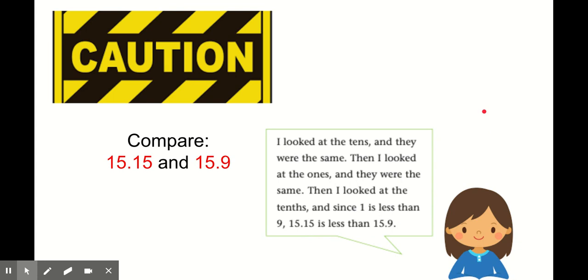Then I looked at the ones and they were the same. Then I looked at the tenths, and since 1 is less than 9, 15.15 is less than 15.9. So as you can see here, a procedural strategy was applied, but you'd have to dive deeper in questioning the student to see whether she has an understanding of the quantity relationship of those numbers.